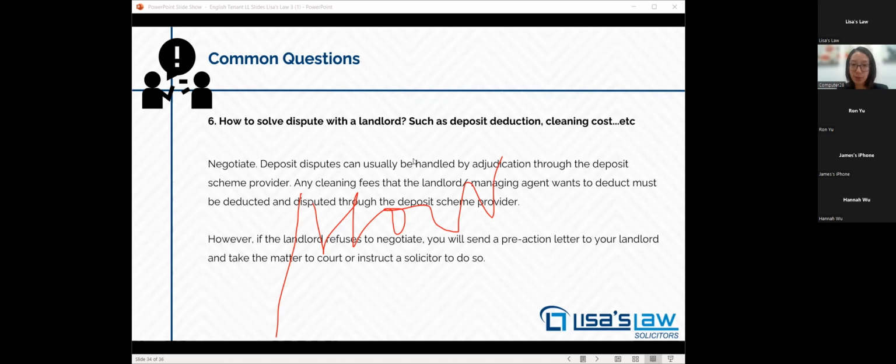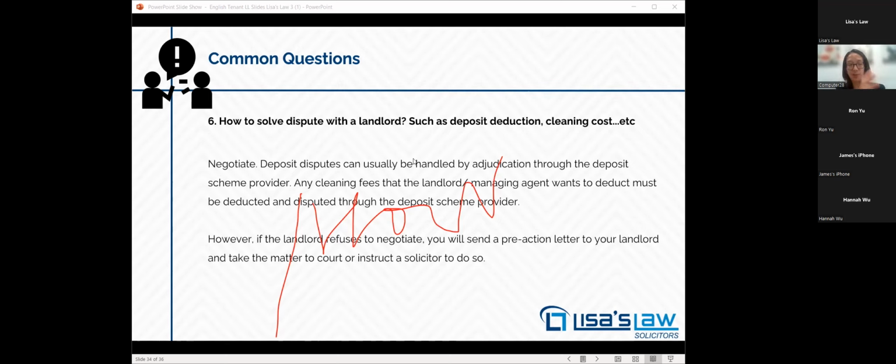But what you can do is, if the tenant has breached the contract, let's say antisocial behavior, did not pay rent, destroyed your property, you can bring a Section 8 notice, and that's how you can terminate it earlier. But even then, it's not much earlier, because once you send a Section 8 notice, it depends on which grounds you bring it.